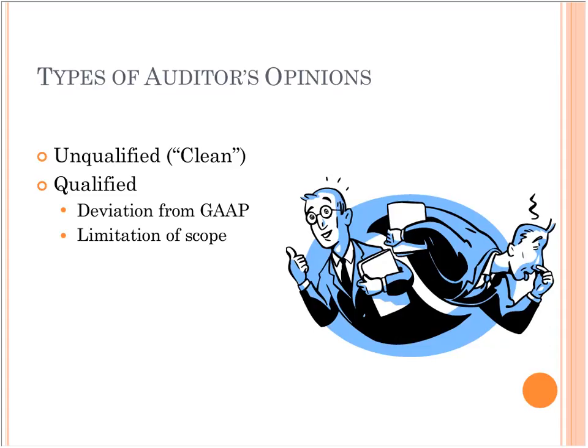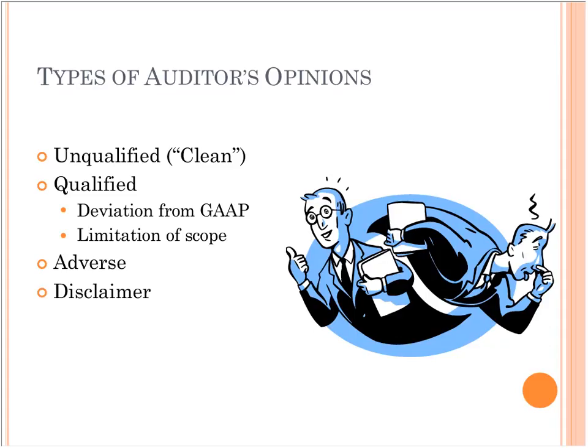A third type of audit opinion is an adverse opinion, and this says that the financial statements are not in accordance with generally accepted accounting principles. So it is kind of the opposite of a clean or unqualified opinion, and this one says that the financial statements do not present fairly the information.